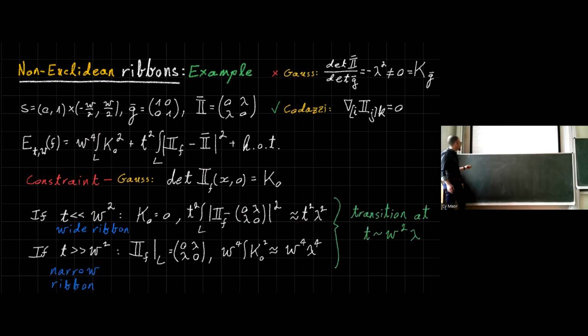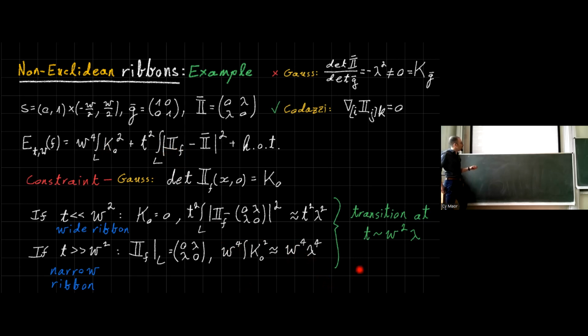In the narrow ribbon case, it's the other way around. This term is dominant, so we want to make this 0, but then you must pay. K0 is constrained to be the determinant of this, and therefore it is of order lambda squared. So you have that the energy is of order w to the power 4 times lambda to the power 4.